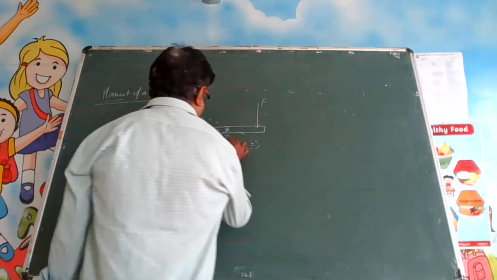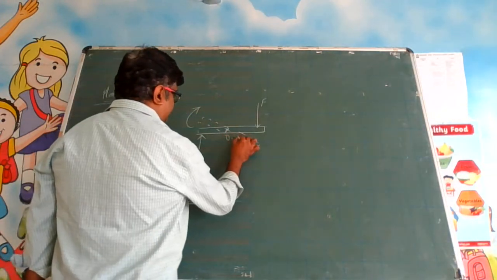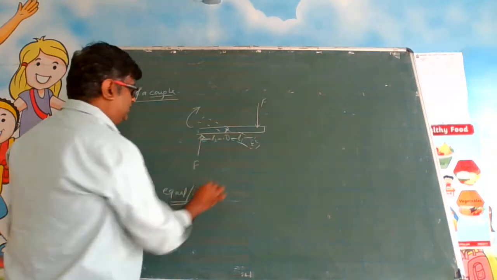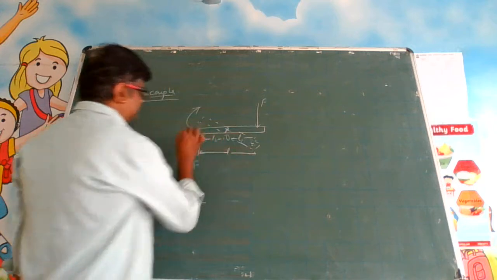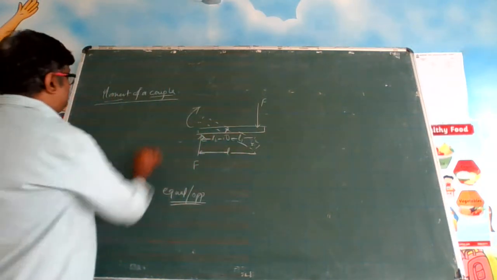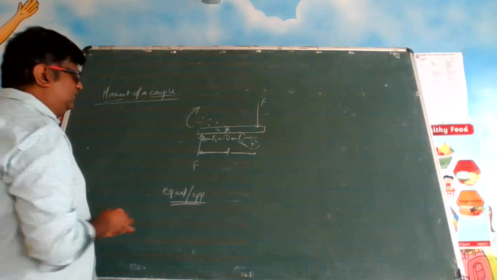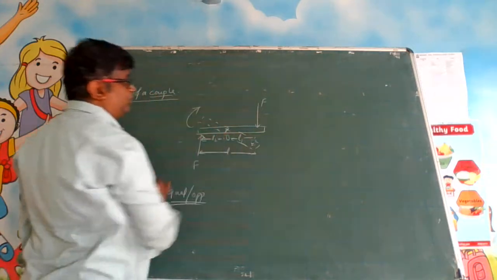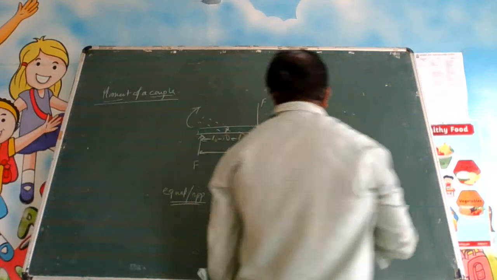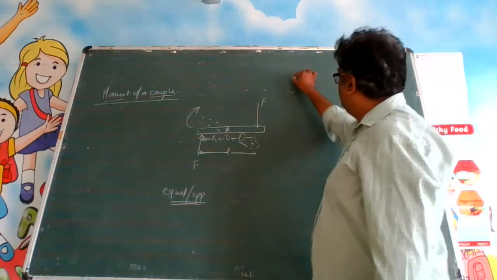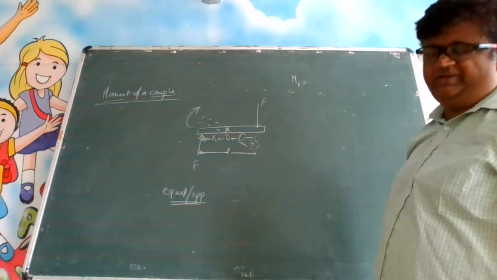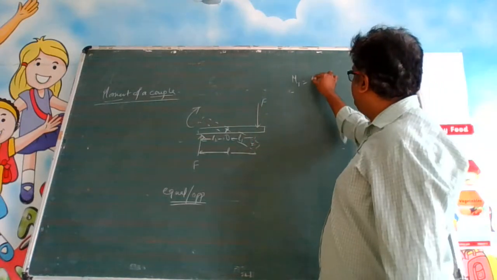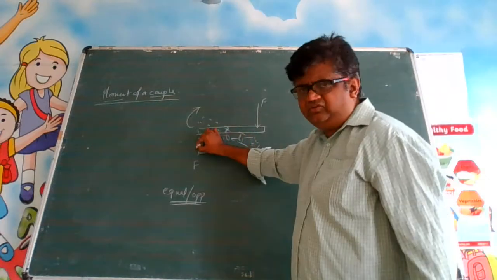Let us say this distance is L1, this distance is L2, and the total distance is L. I have to find the moment because of these two forces about this point O. Let us say the moment because of this force is M1, and the moment because of the other force is M2.